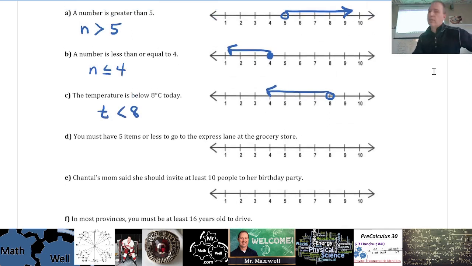Okay, so there's the first 3. If you need to reference those, you guys are going to do the last 3 on your own.